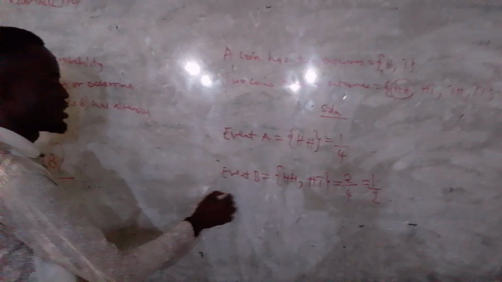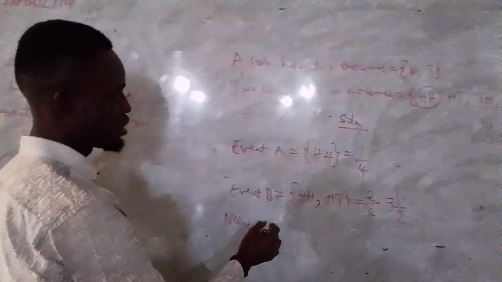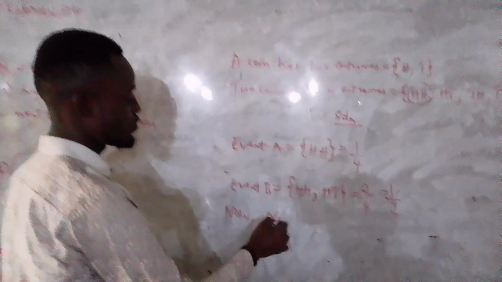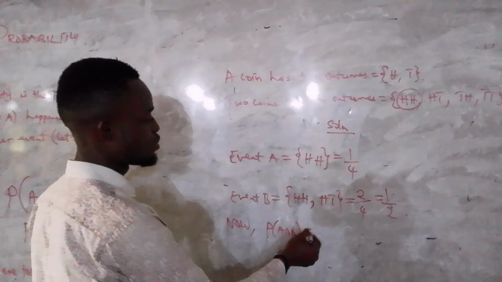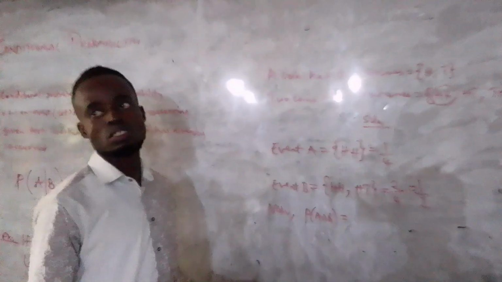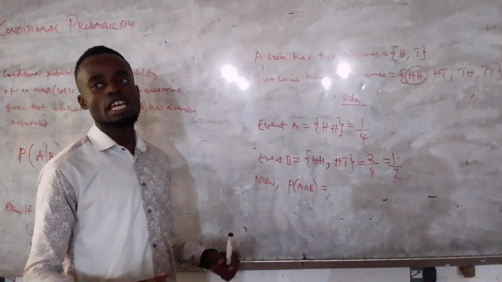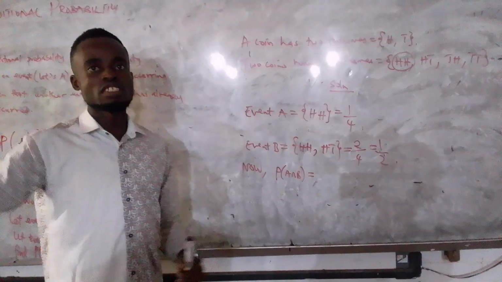Okay, now let's get the probability of A intersection B. Intersection of two or more sets is a set that comprises the common elements in the given sets.